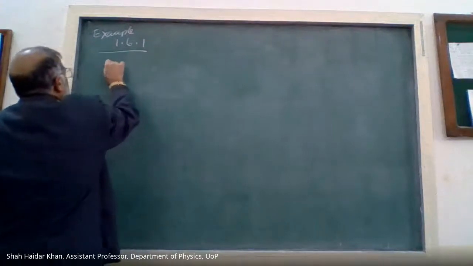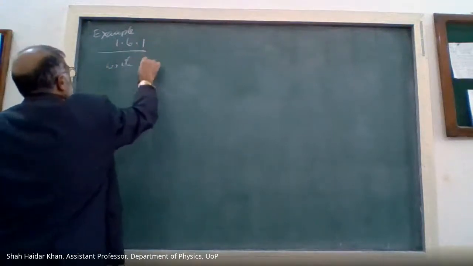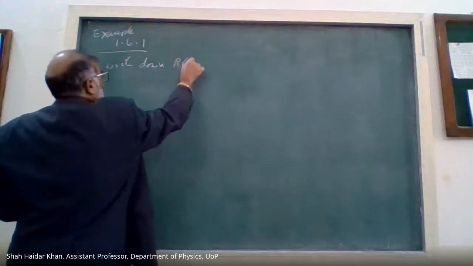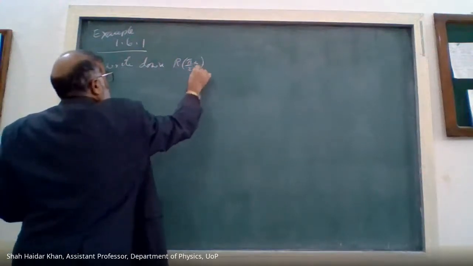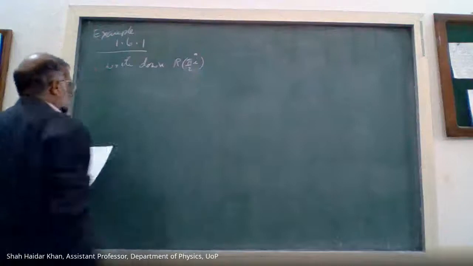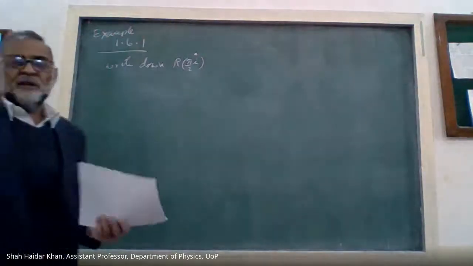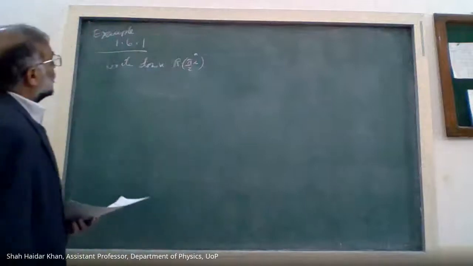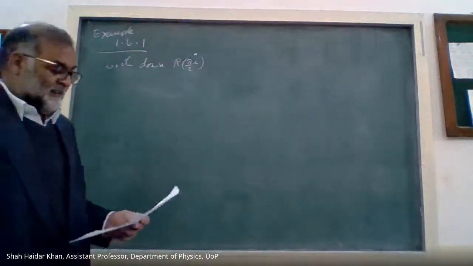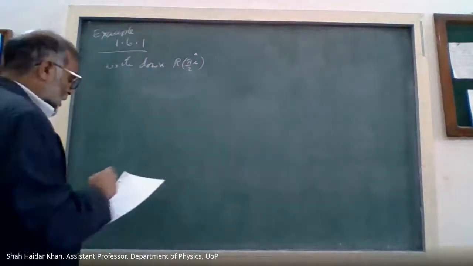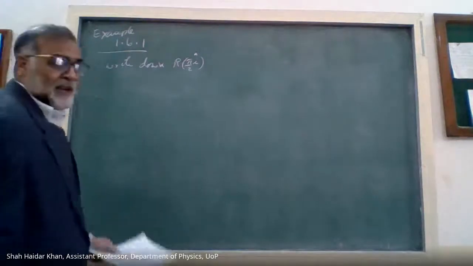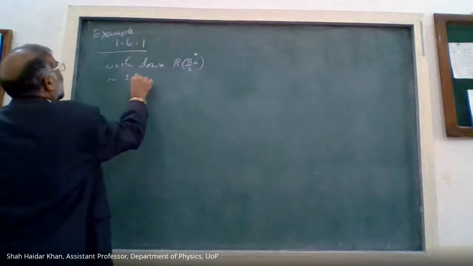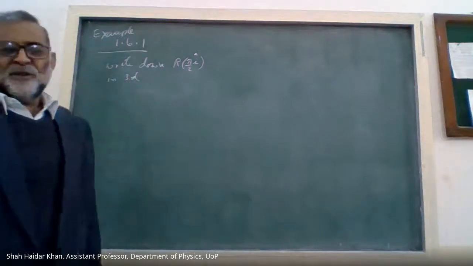Write down R of 5/2 into R in matrix form. We have to write this in matrix form, right? We know the matrix of a rotation operator in 3 dimensions.